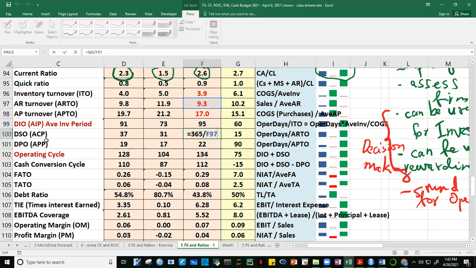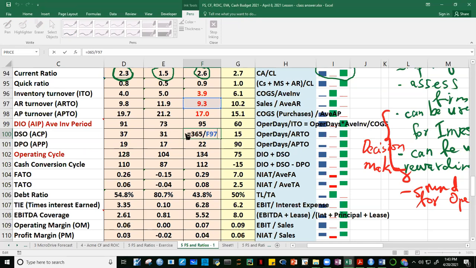Ganon din dito sa days sales outstanding, which is the number of days it takes the company to collect on their receivables, no? Kasi una, nabenta na muna, pagkabenta, nabilang na yun sa days inventory outstanding.